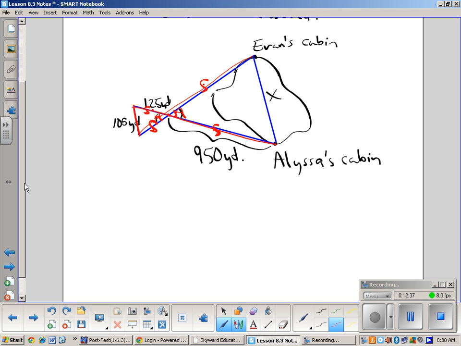Small triangle to big or big to small? It doesn't matter, but we have to choose a way. Small to big, okay? So 105 to x equals 125 to 950.